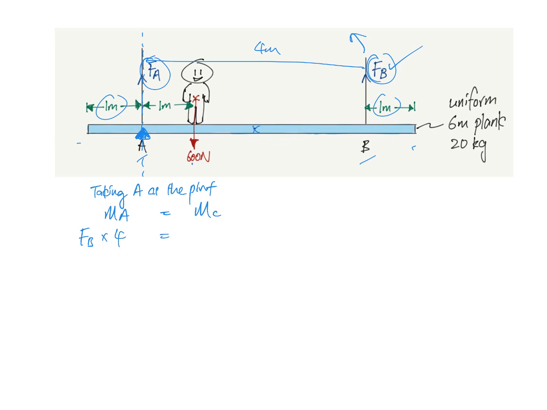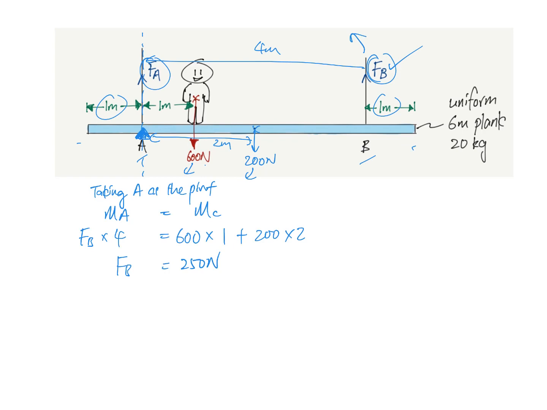For clockwise, there are two: the weight of the person plus the weight of the wooden plank. The weight of the person, 600 times 1 meter, plus 200 times 2 meters to the pivot. If you solve for FB, the answer will be 250 Newton.